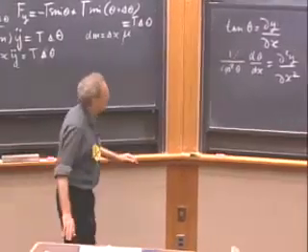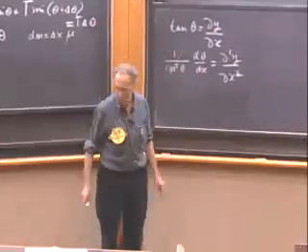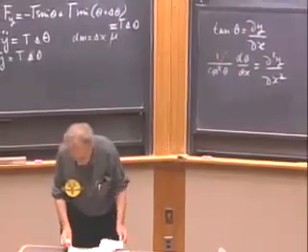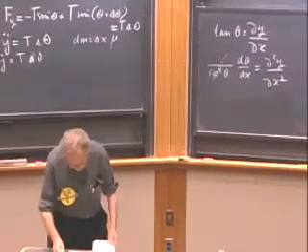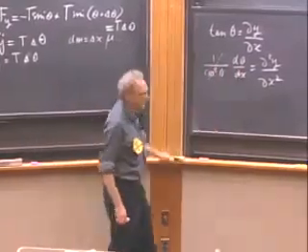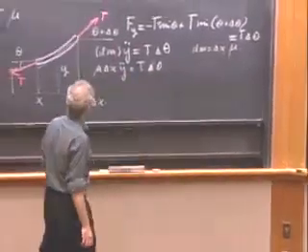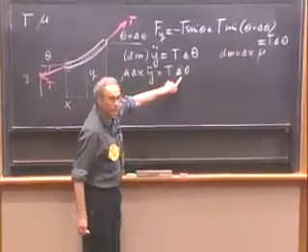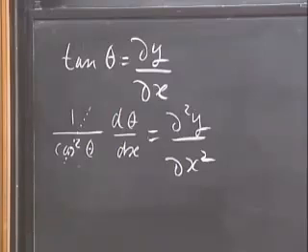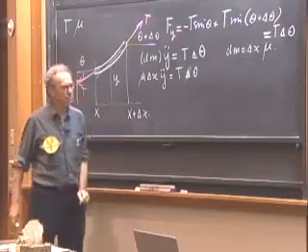And so I'm going to substitute now this result into my differential equation. I read this as delta theta which is here, and I read this in my mind as delta x, which is here.